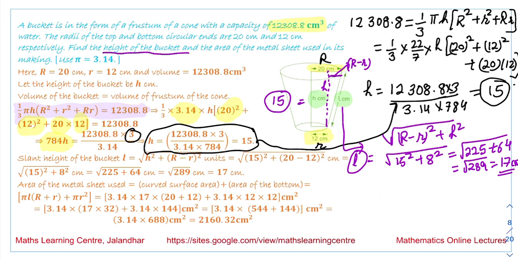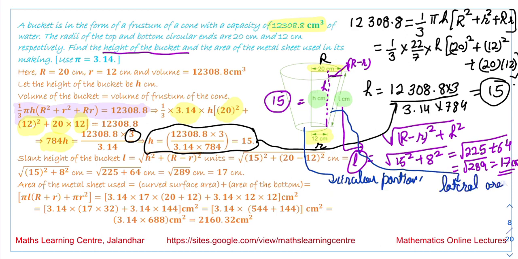Next we have to calculate the area of the sheet used. For the area of the sheet used, we are talking about two things. One is this circular portion, and second, this part over here, that is the lateral area. The area of the circular portion, the bottom portion, is pi r square, and for the lateral area the formula is pi L into (capital R plus small r).